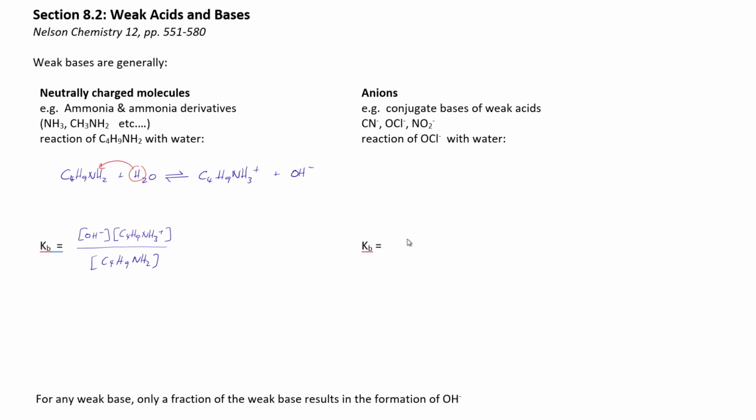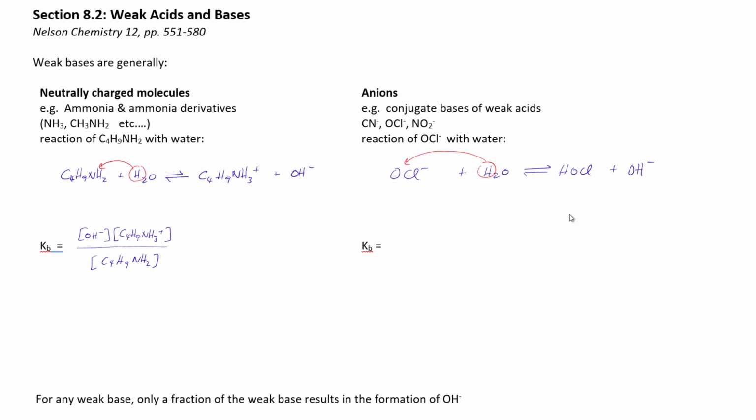In the case of an anion that is absorbing a proton from water, we have right here the hypochlorite ion. So we'll take a look. We have OCl minus plus H2O, double arrow. The water is going to donate a proton to the OCl minus, and then we get HOCl, which is its conjugate acid, plus OH minus.